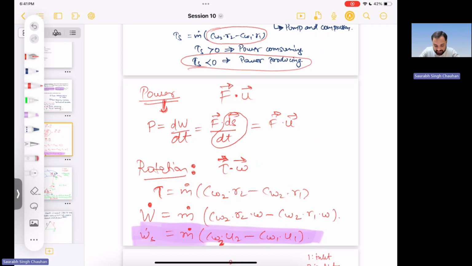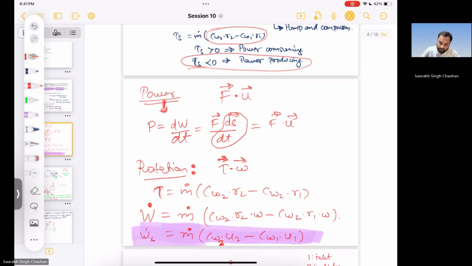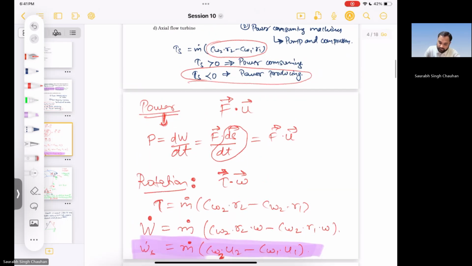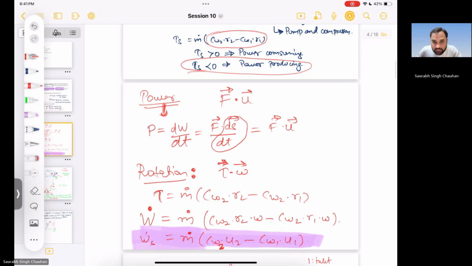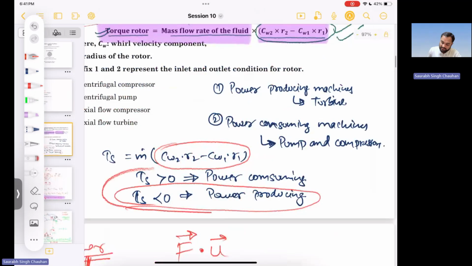So if this thing is positive, your machine is work consuming.